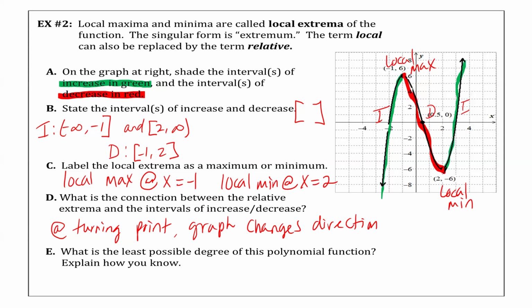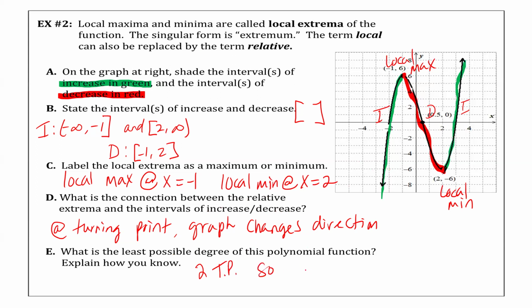So because of that, how many turning points are there? There are 2 TPs because I have 2 turning points. But yes, what's my least possible degree? So because there's 2, can I write TPs? Will that bother y'all? All right, TP. There are 2 turning points.